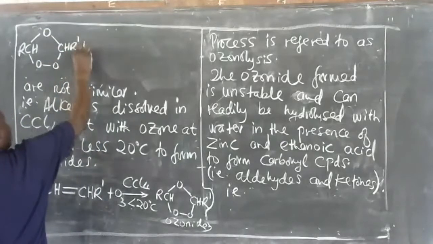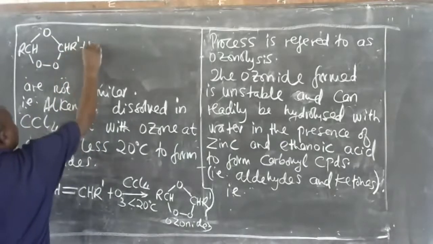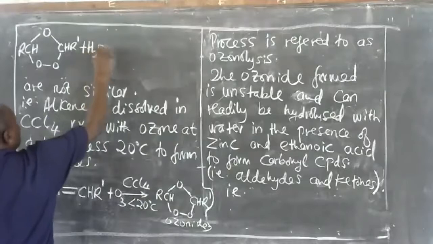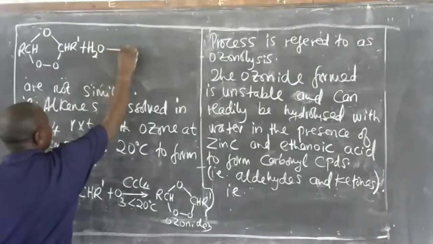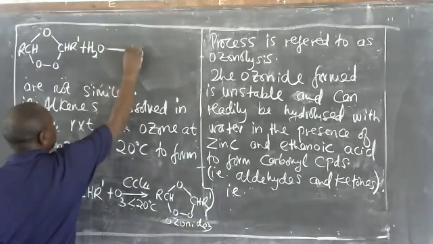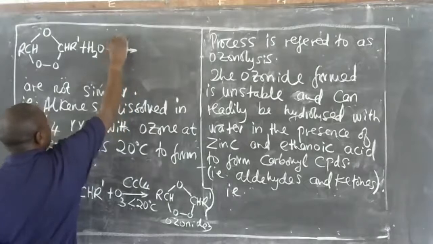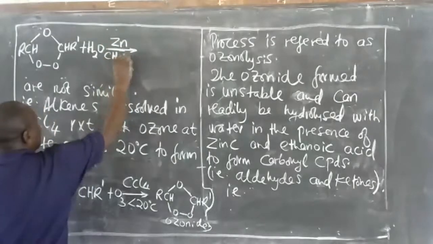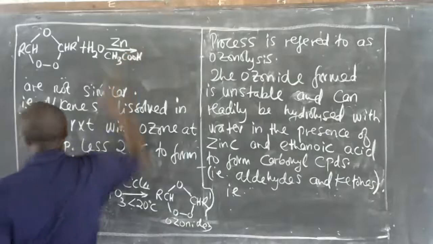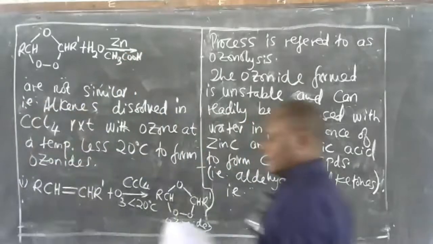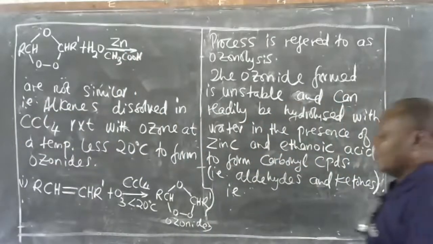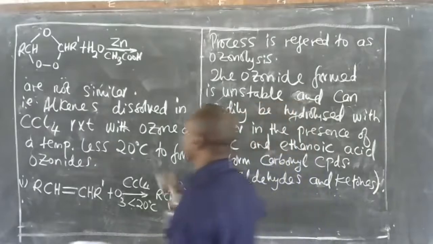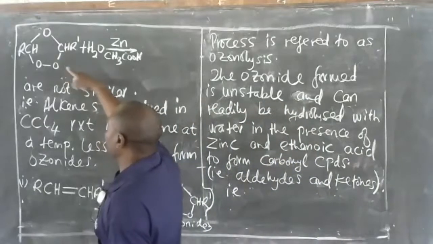We are adding excess water in the presence of zinc and then ethanoic acid. This one is going to give us what?